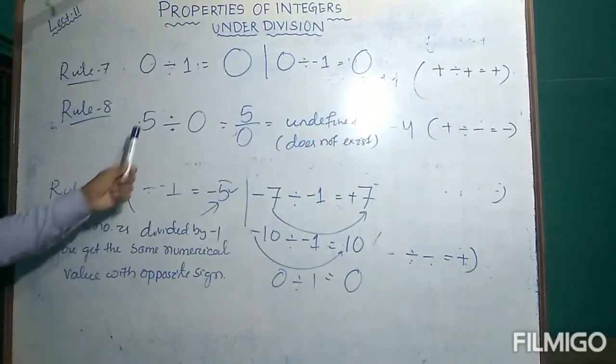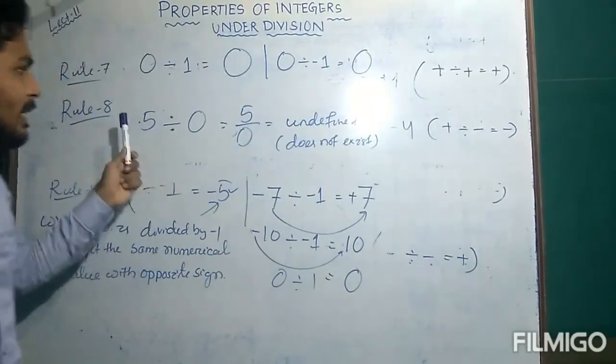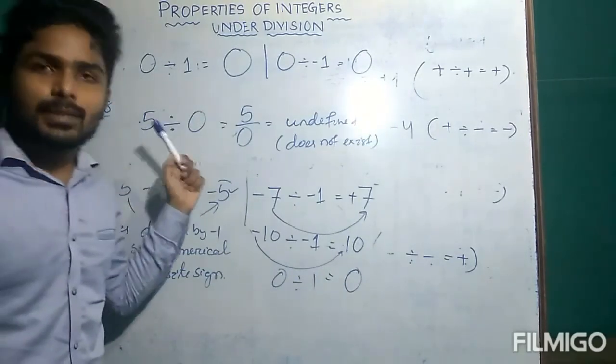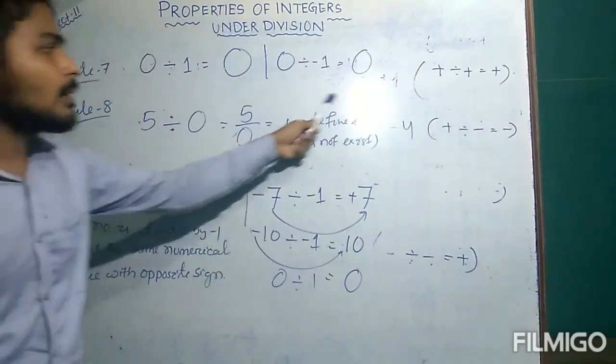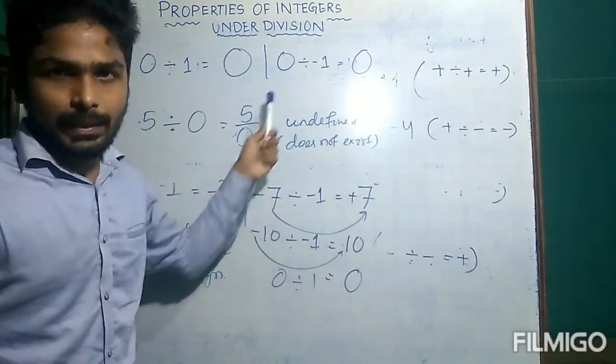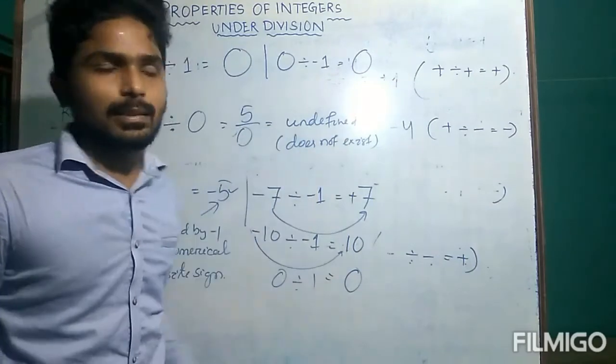Whenever any integer is divided by 0, you cannot solve it. It is undefined, doesn't exist.